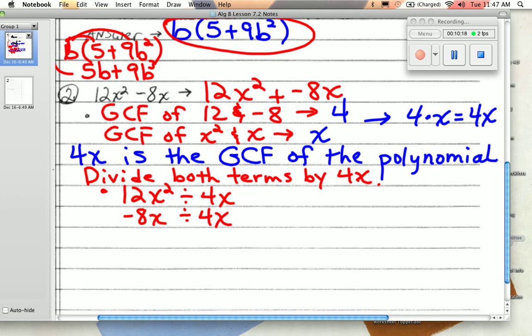So first thing, find the GCF of the whole polynomial. After you find that GCF, divide every term of the polynomial by it.